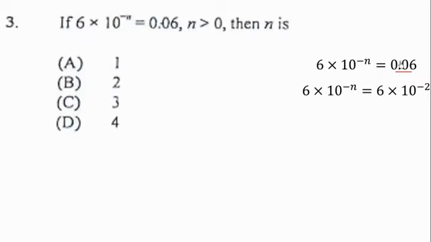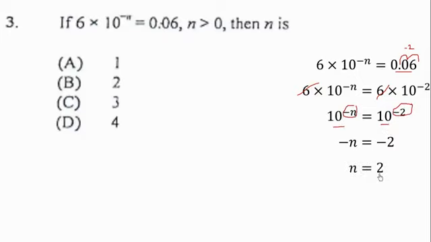We have to move the decimal point forward twice, and forward movement is negative. So when we compare, we can cancel out this, then we are left with this. So comparing the exponent, this exponent must be equal to this exponent. So this and this must be equal, since the bases are also equal. So that will give us n equal to.